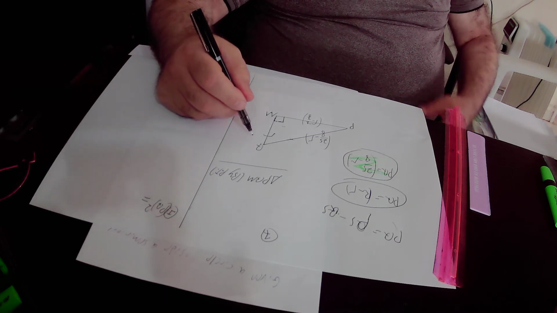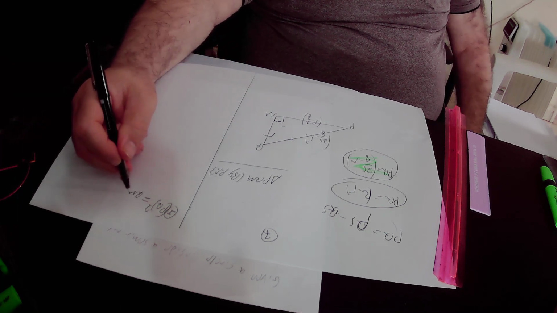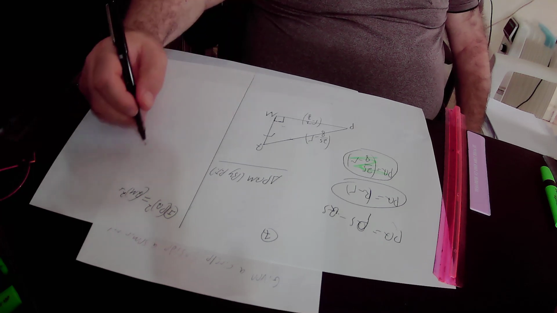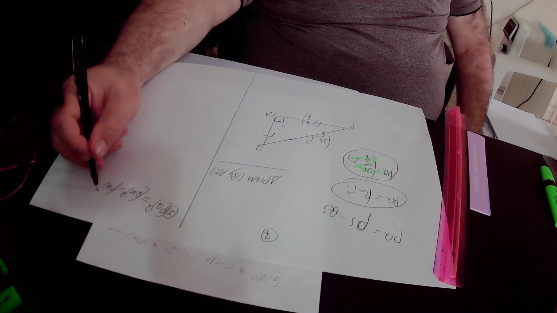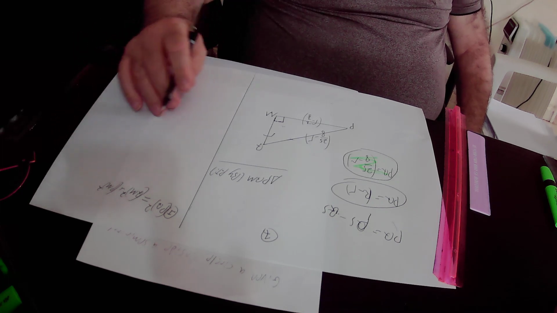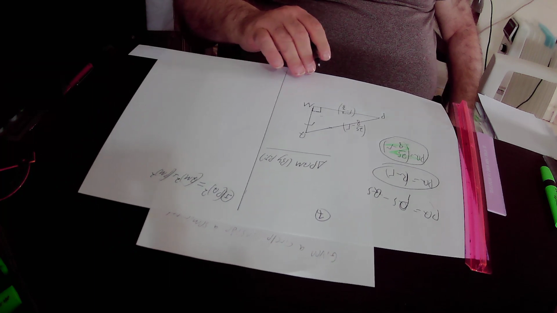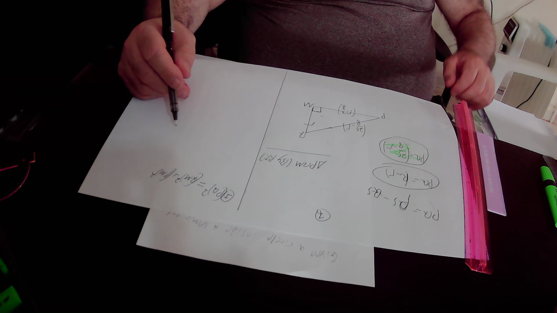That is to say, it must be equal to QM squared plus PM squared. I repeat again, according to the Pythagoras theorem, on the right triangle PQM, PQ square equals QM square plus PM square.